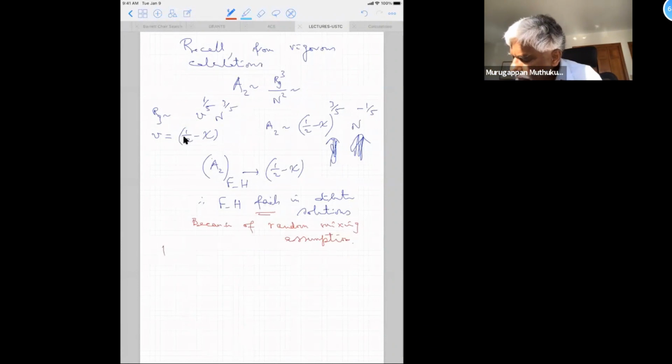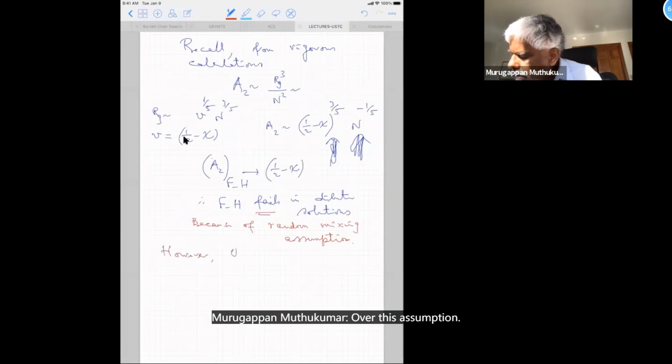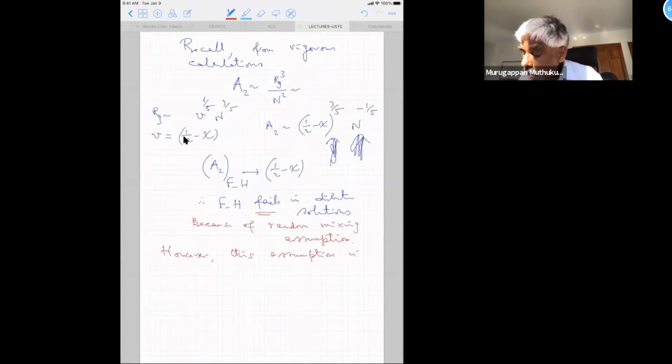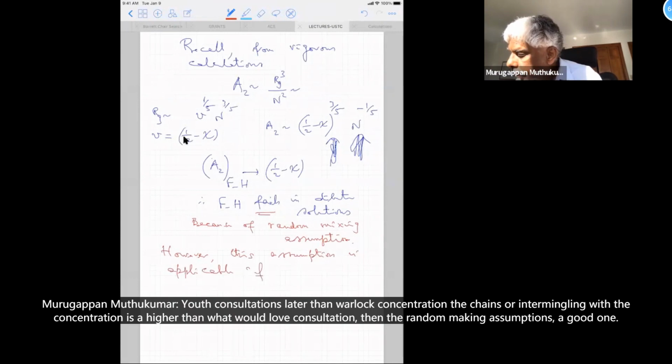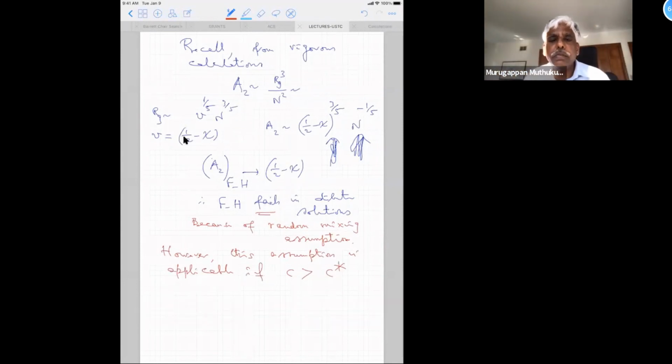However, this assumption is okay, applicable, valid, if concentration is greater than overlap concentration. If the chains are intermingling, if the concentration is higher than overlap concentration, then the random mixing assumption is a good one.